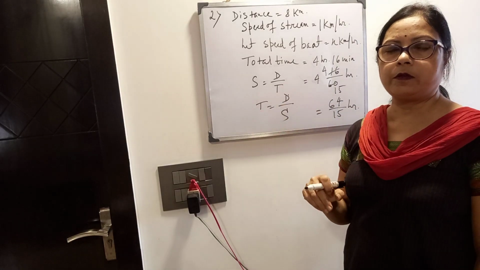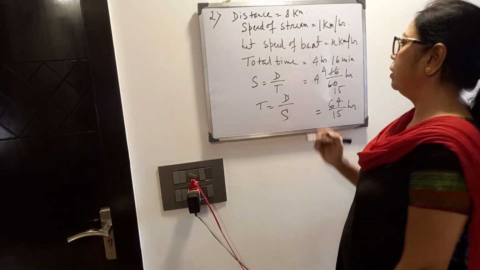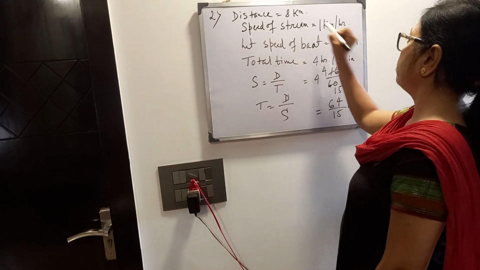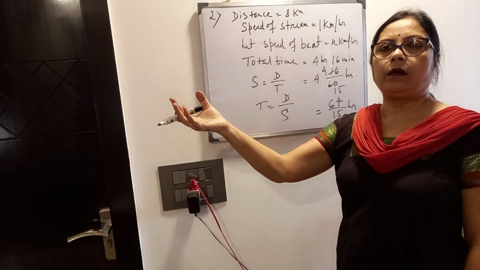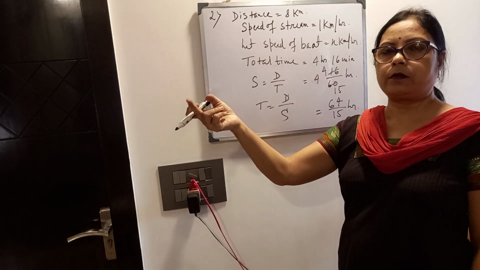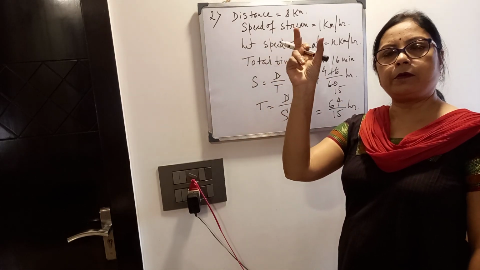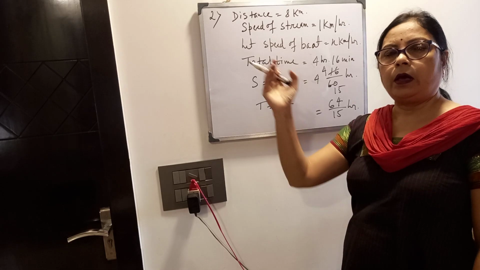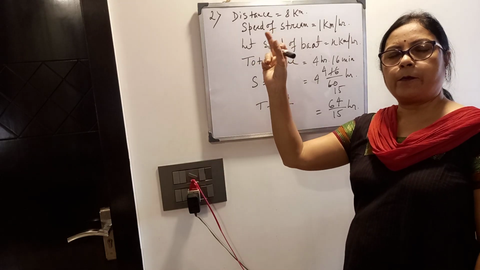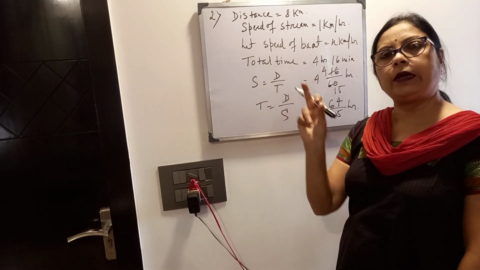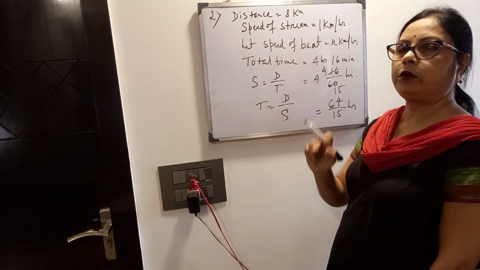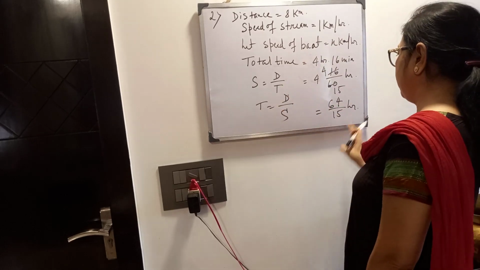And when the boat is returning, your time will be 8 by x minus 1 hour. Clear? When the boat is going to that distance, the time is 8 by x plus 1 hour, and at the time of returning the time is 8 by x minus 1. So if I add these two, then I get the total time.